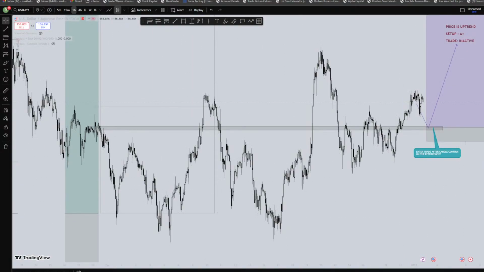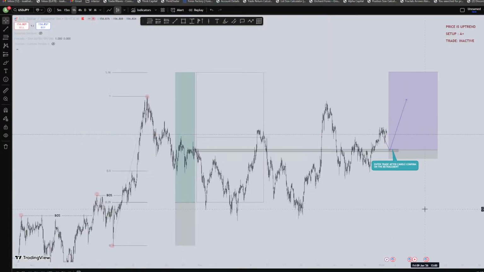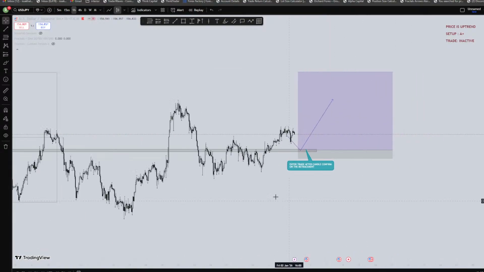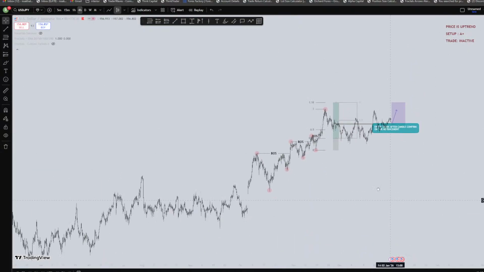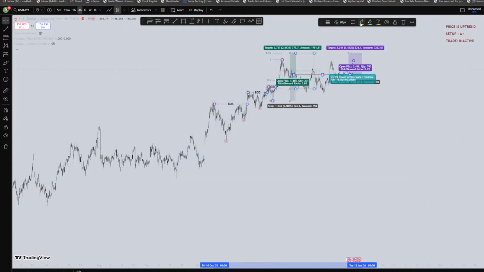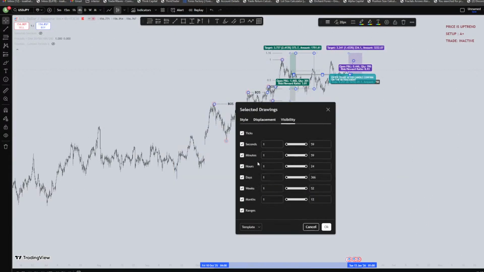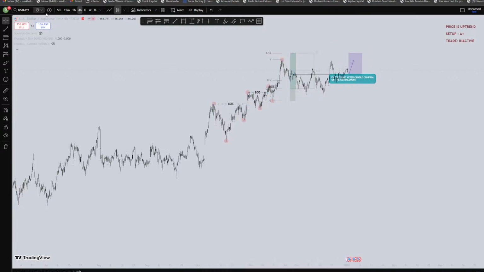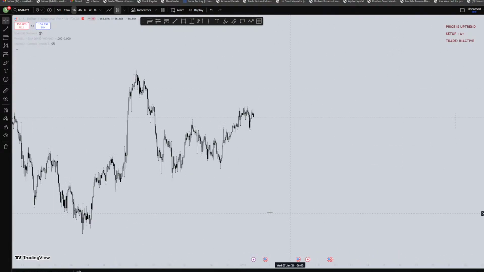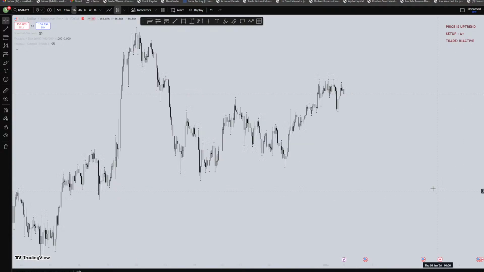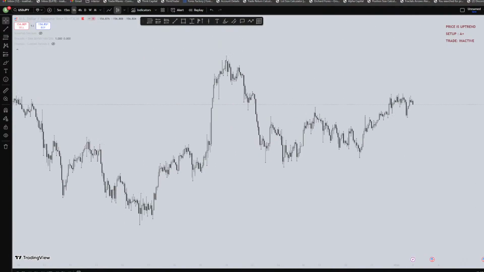The 1-hour is a bit choppy, so what I should do is clean up the charts. So when you come to our 1-hour, charts are clean, right? And we can plot again.